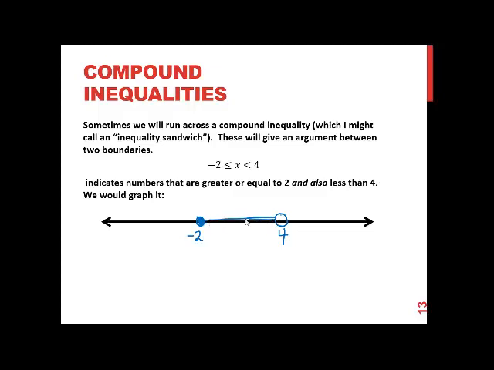And we're looking at the values in between these two boundaries. And since I brought it up earlier, the way we would write this in interval notation is to say -2 up to 4.